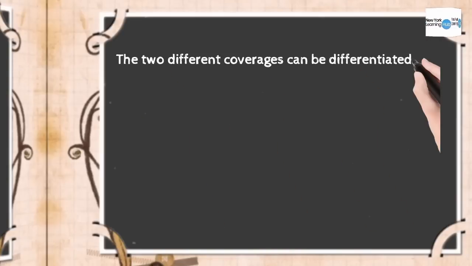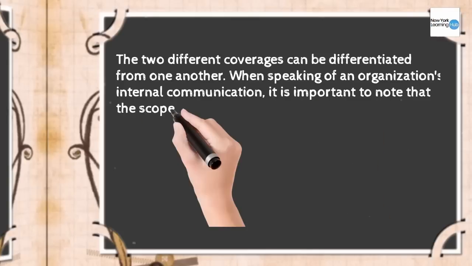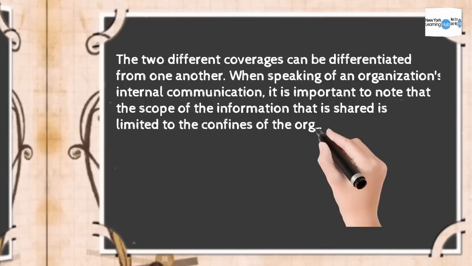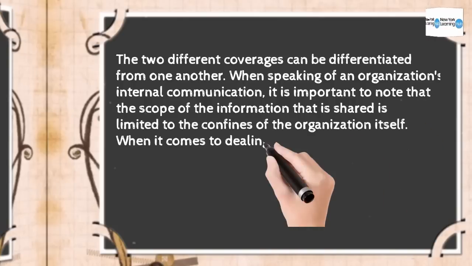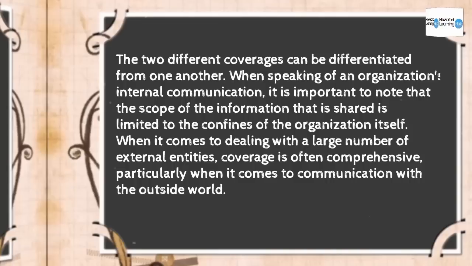The two different coverages can be differentiated from one another. When speaking of an organization's internal communication, it is important to note that the scope of the information that is shared is limited to the confines of the organization itself. When it comes to dealing with a particular number of external entities, coverage is often comprehensive, particularly when it comes to communication with the outside world.